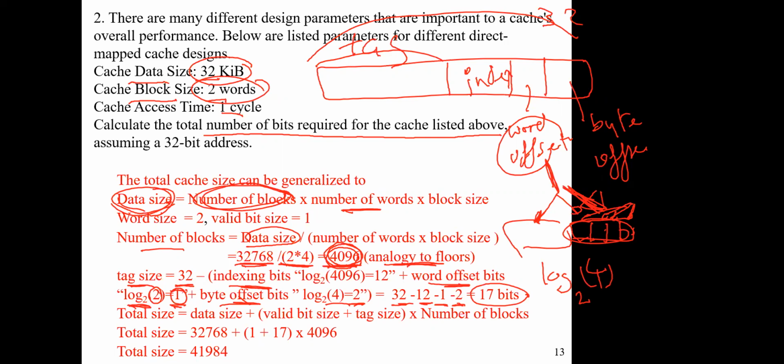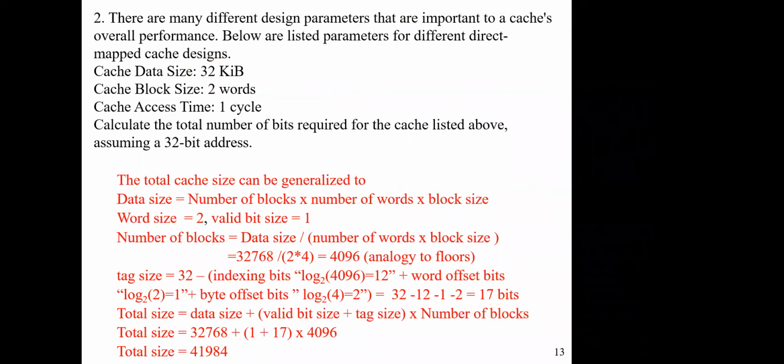Okay, so if I have 17 bits for the tag, how can I calculate the total size? The total size will be the data size plus the validity bit size plus the tag size, and all of this multiplied by the number of blocks, correct? Because in each floor, I will have my data, my tag, and the validity bit, correct? I know all of this information.